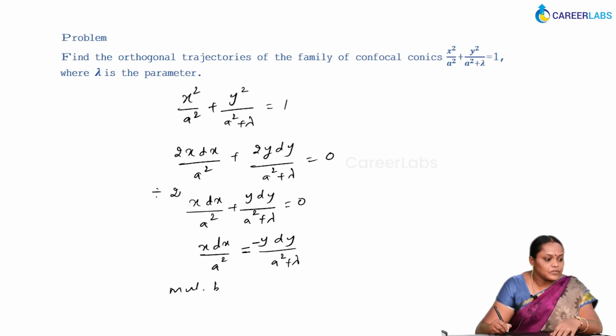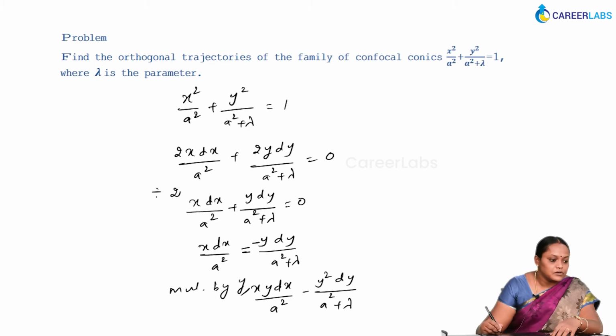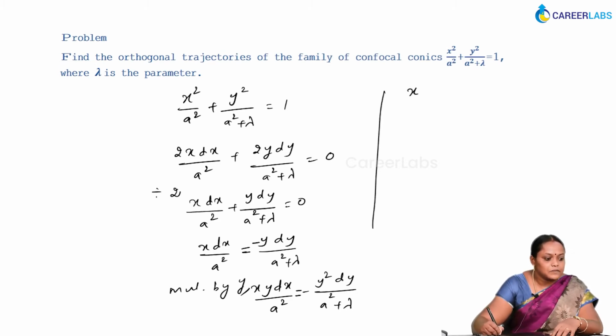Multiplying by y, we get xy dx by a square minus y square dy by a square plus lambda. So I can rewrite this as xy by a square equal to minus y square by a square plus lambda into dy by dx.